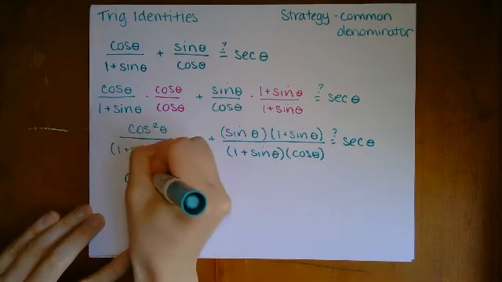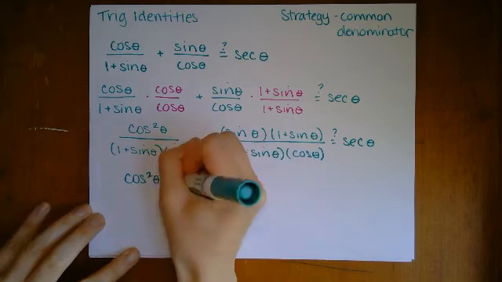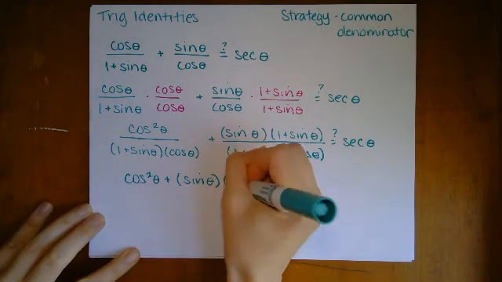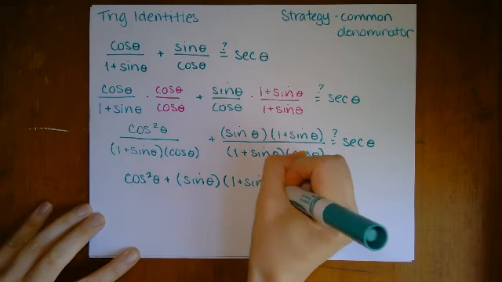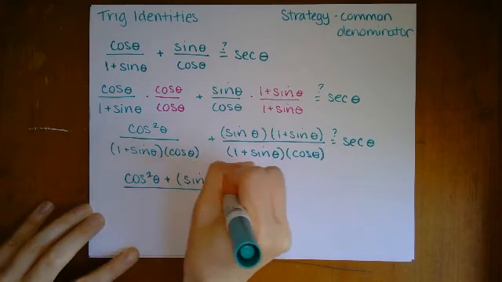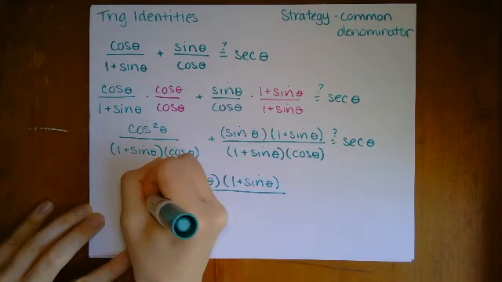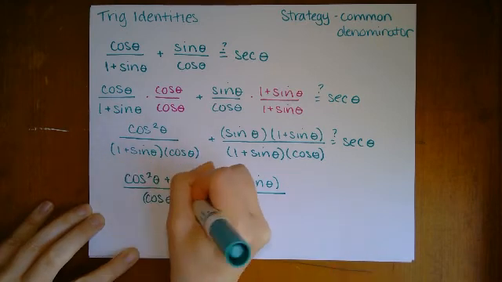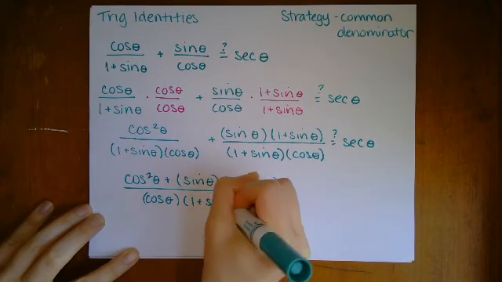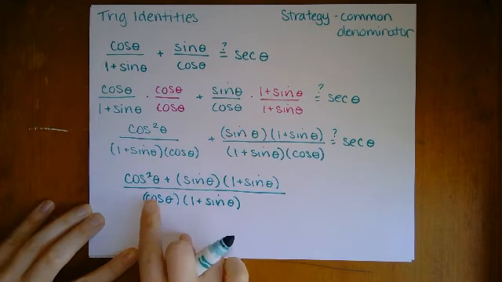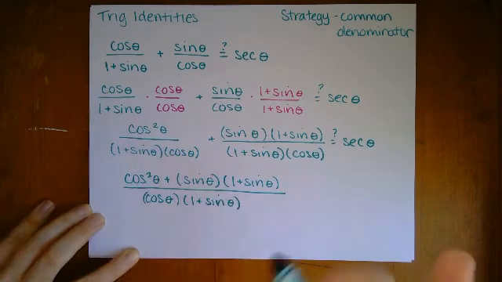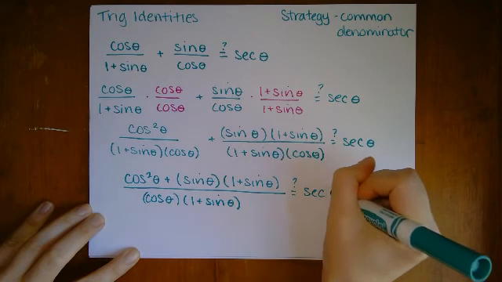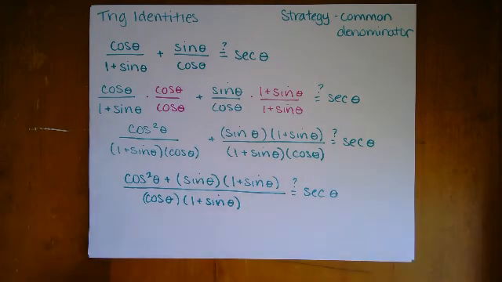So I'm going to have cosine squared theta plus sine theta times 1 plus sine theta over cosine theta times 1 plus sine theta. Oh, I changed the order. Not important, it doesn't matter. I just rewrote these in the opposite order. Not a problem. And we're still seeing if that's equal to secant theta.